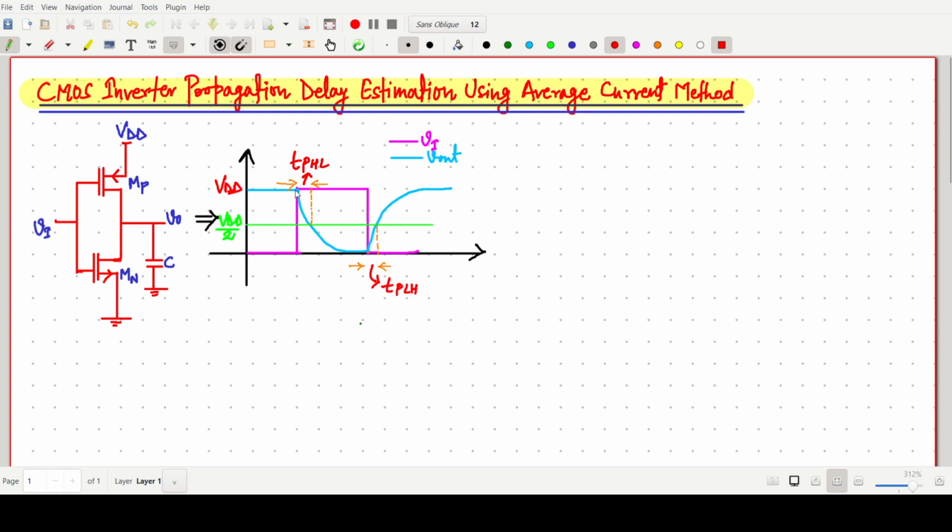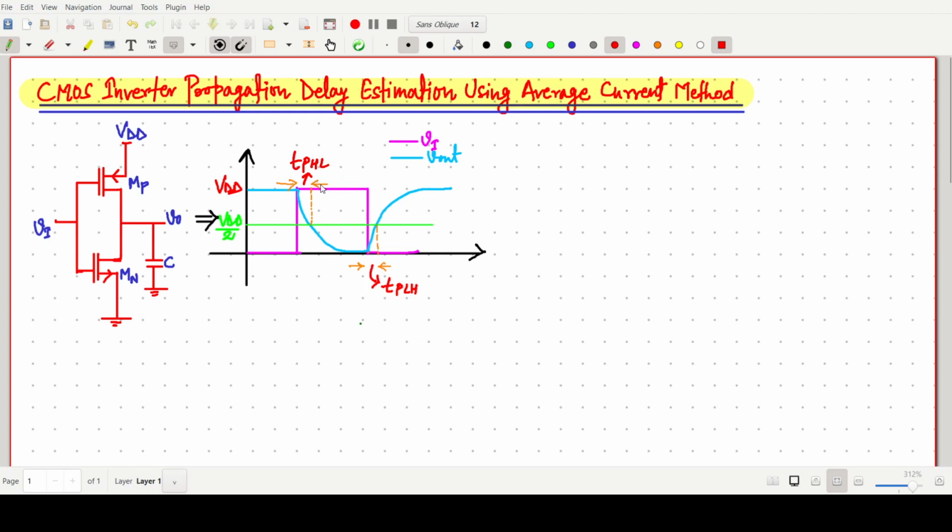So we have to find tau PHL and tau PLH. If we take the ideal case, both transistors should be the same. So we will think about tau PHL in this video.